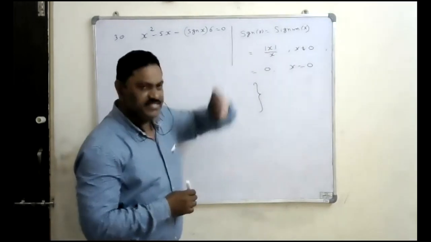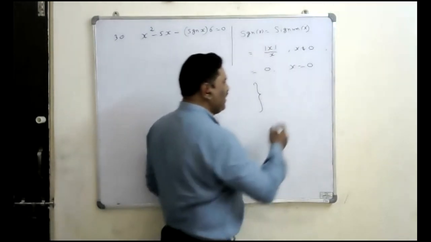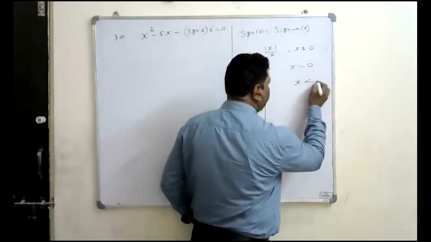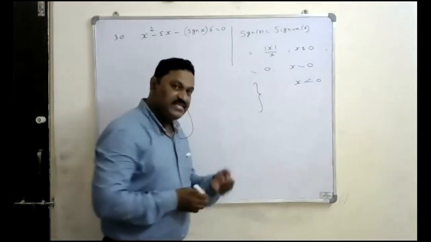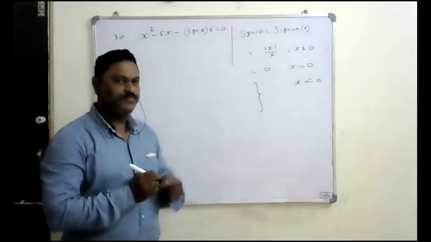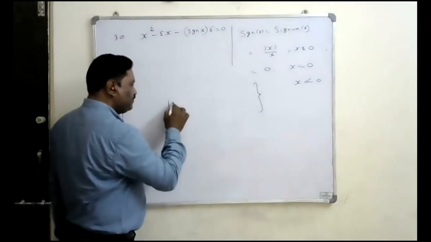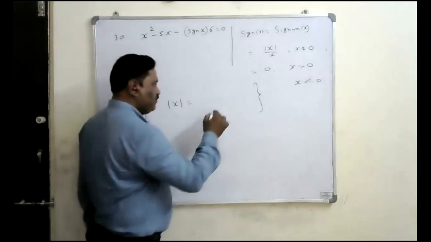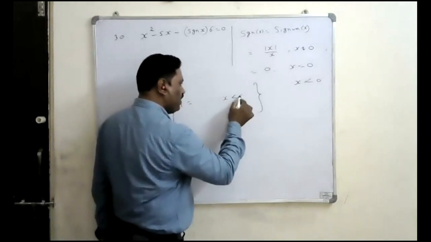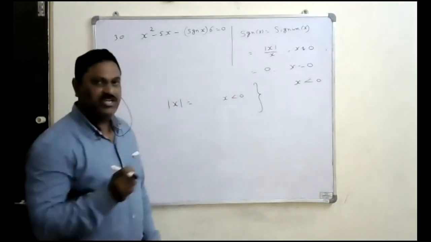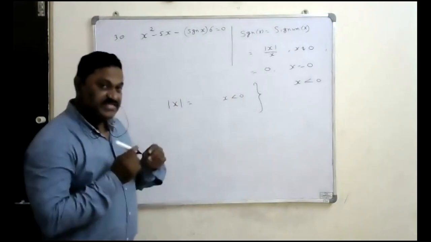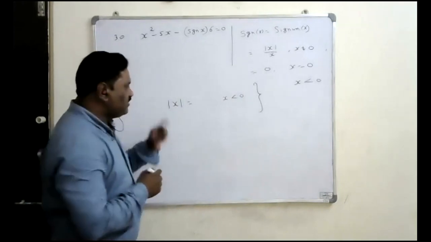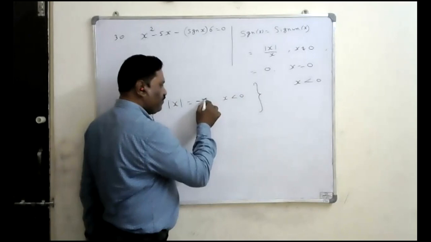Because whenever mod x is there, when x is less than 0, when x is negative, what is mod x? Positive. Mod x is always positive, but you should remember the definition of mod x: when x is negative, mod x is equal to minus x.